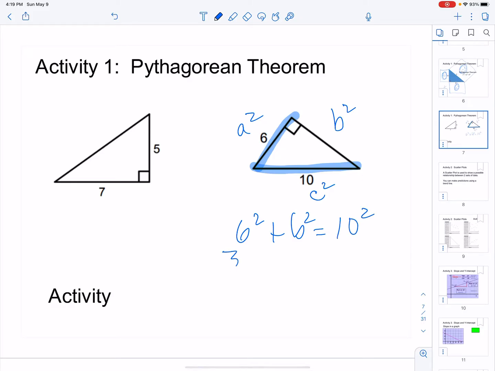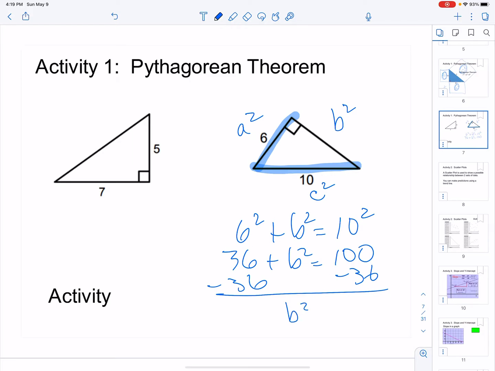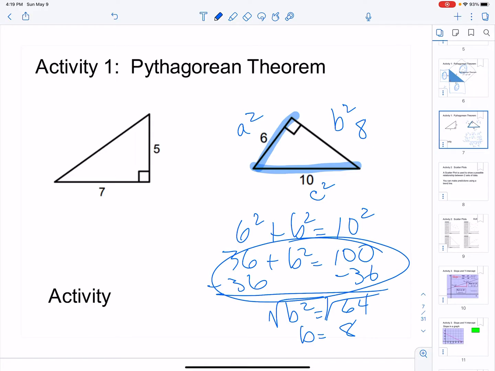So we would do 36 plus b squared is equal to 100. And you've got to subtract the 36 from both sides to get b squared is equal to 64. Then you take the square root of each. So you'd end up with b is equal to 8. So this measurement right here would be 8. We've got to remember that. You've got to remember that you've got to subtract if we only know one leg and the hypotenuse.